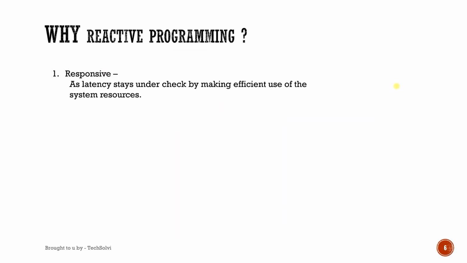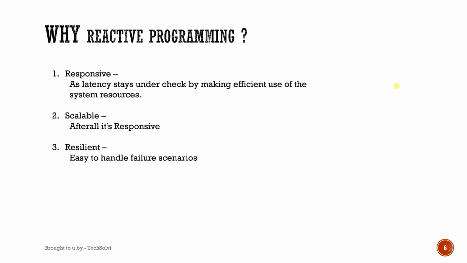By reactive programming we are increasing the responsiveness of our microservices, since after all we are utilizing the resources in a more efficient way than the conventional multi-threaded approach. As the responsiveness of the service is increased, obviously it will impact the scalability of the service, because we are naturally handling more requests in a more efficient way than the multi-threaded approach.